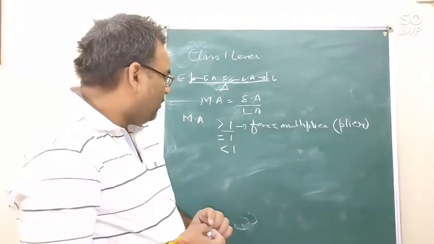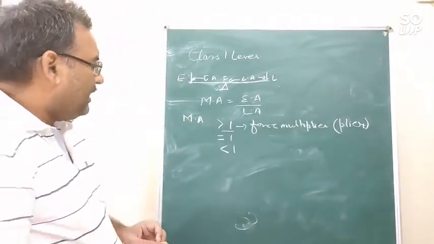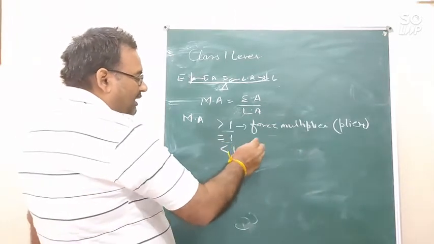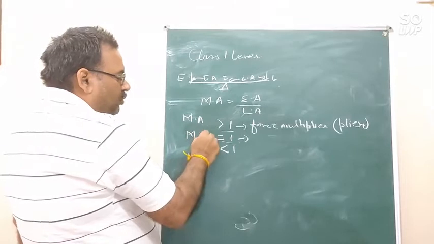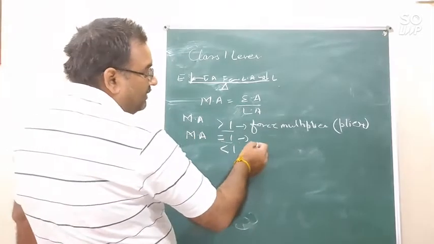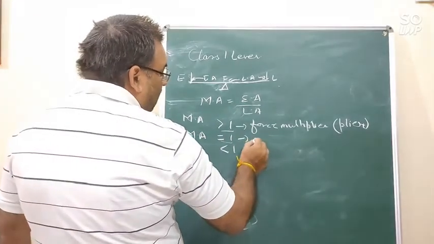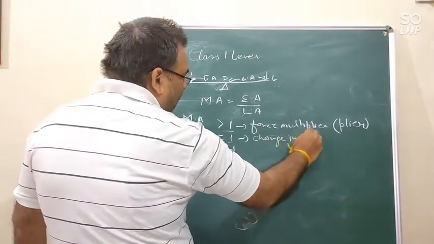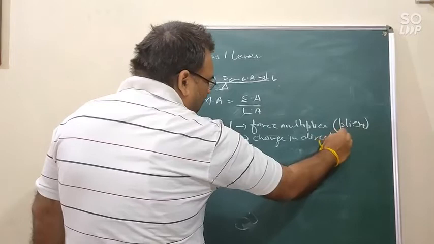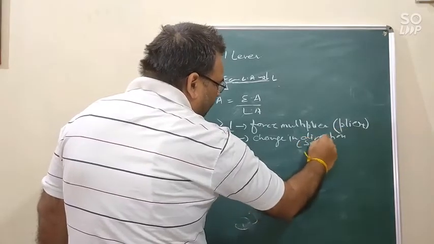Then we talk about the second point. Mechanical advantage is equal to 1. Here mechanical advantage is equal to 1. Class 1 lever is acting as a change in direction. This is used for change in direction. Example, seesaw.